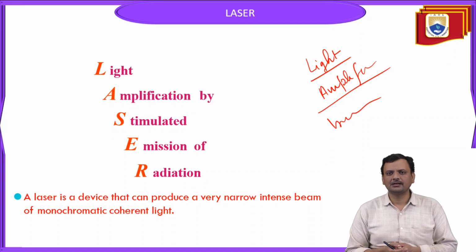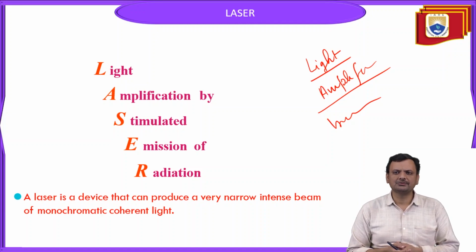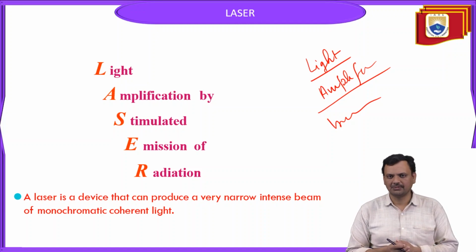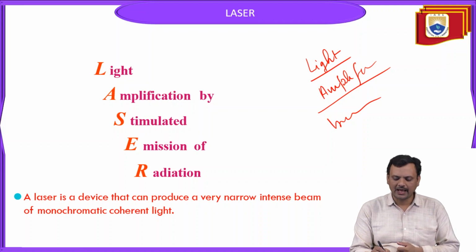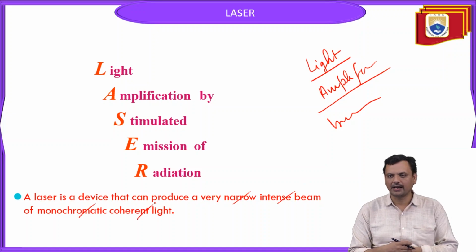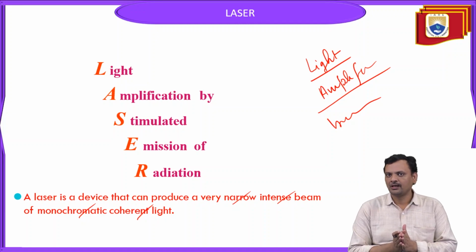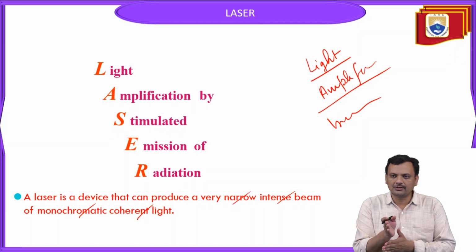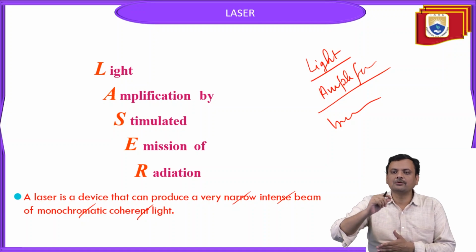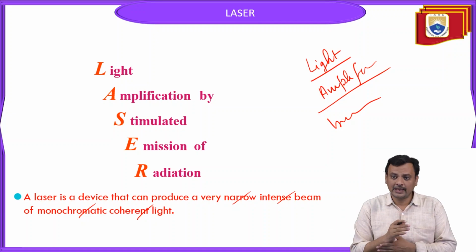So a laser is a device that can produce a very narrow intense beam of monochromatic coherent light. These are the characteristic features of laser. Narrow means the light will propagate in a single direction, means its angular spread is very, very low.